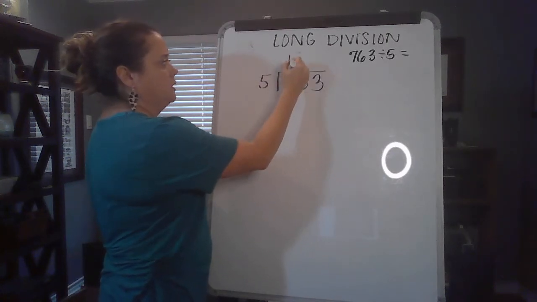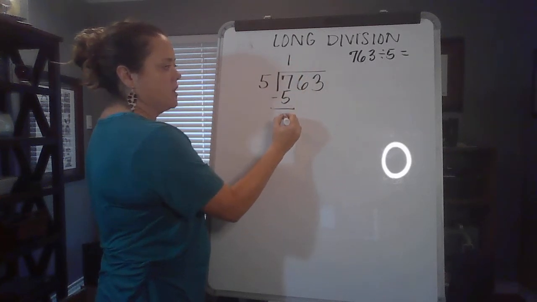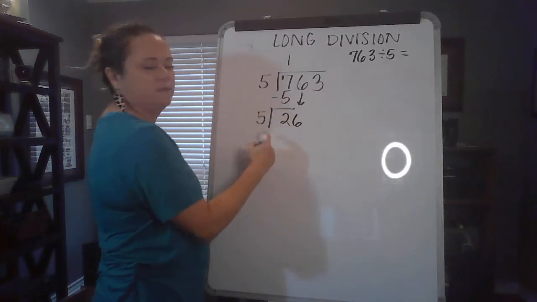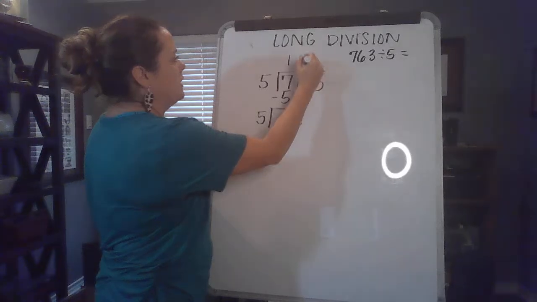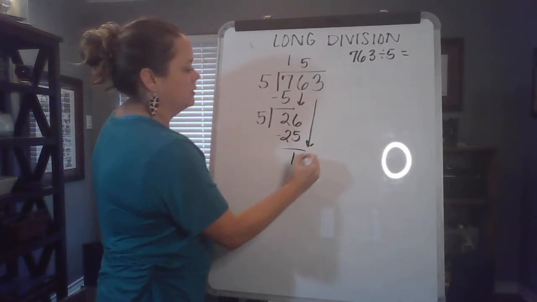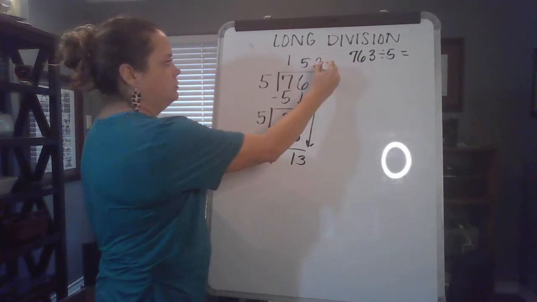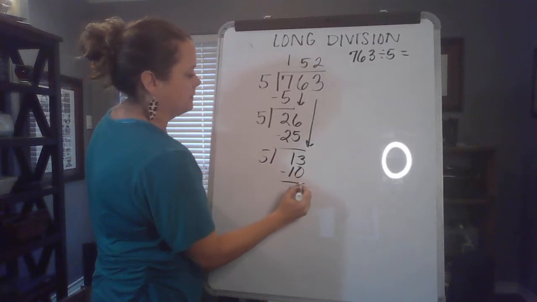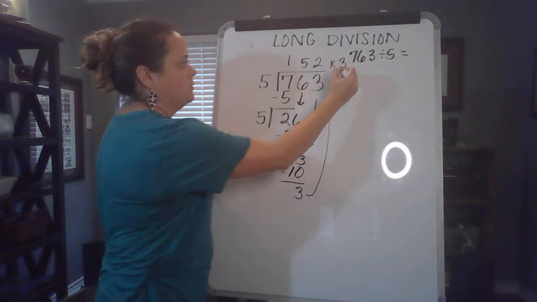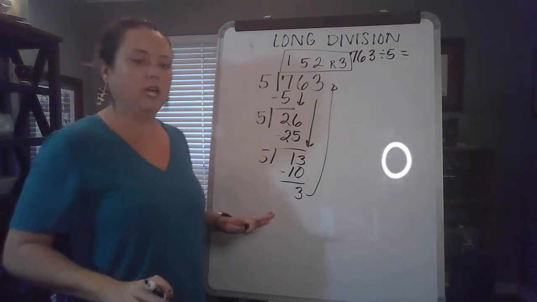Okay, 5 goes into 7 one time. 5 times 1 is 5. Subtract gives me 2. Bring down the 6. Bring down the 5. 5 times 5 is 25. And you repeat the pattern over and over again. 2, 3, and then this becomes my remainder. Okay? Now, nothing wrong with this method at all.